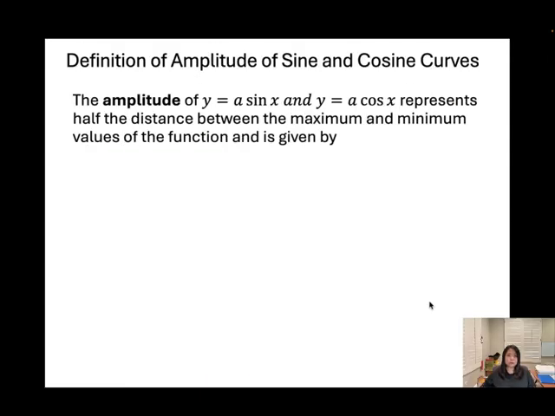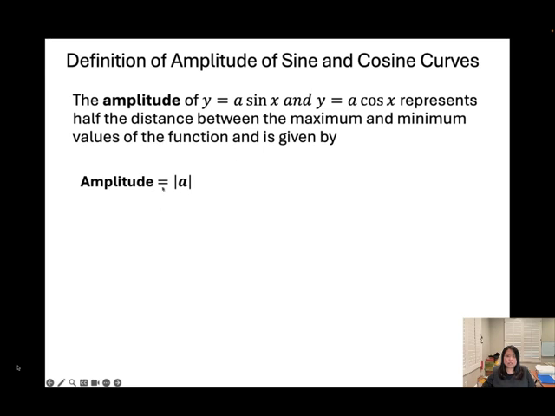Okay, definition of amplitude of sine and cosine curve. The amplitude of y equal to a sine x and y equal to a cosine x represents half the distance between the maximum and the minimum values of the function, and is given by |a|. So how can we find the amplitude? We're going to look at the number in front of the sine or cosine.